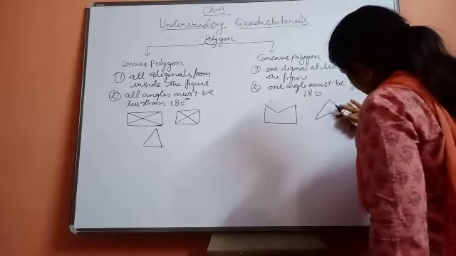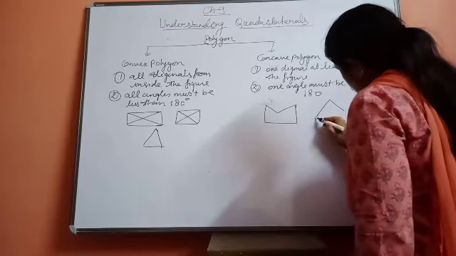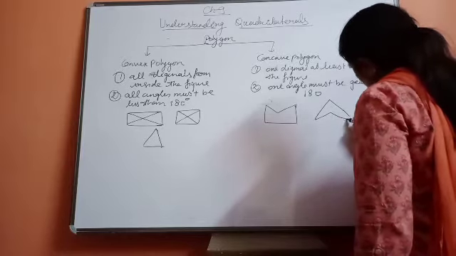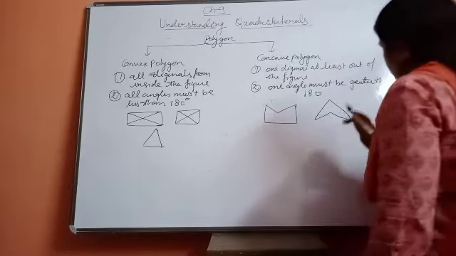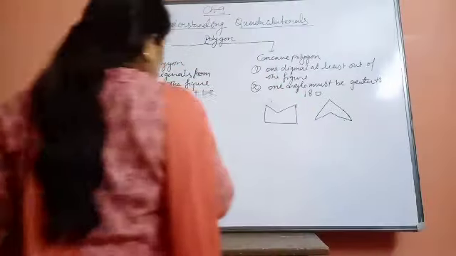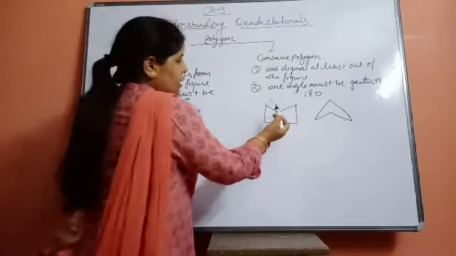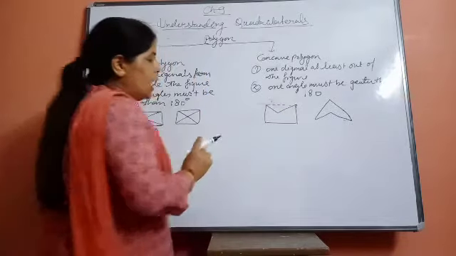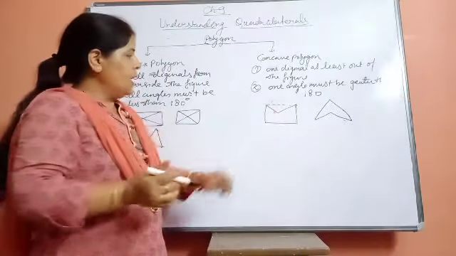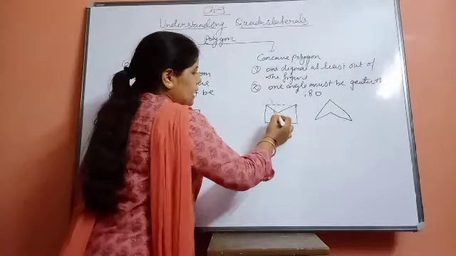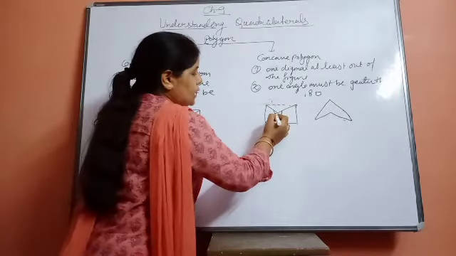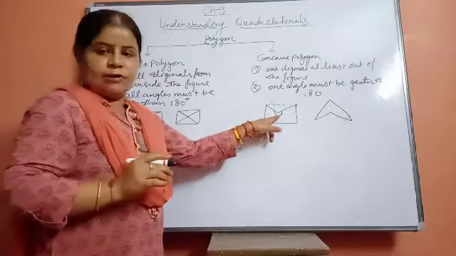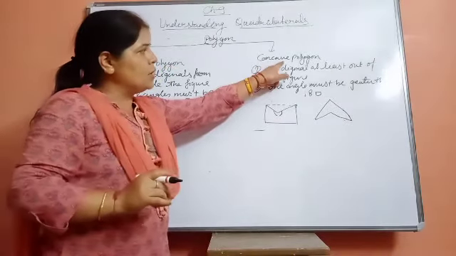See how I am going to make it. Okay, now see that. If I join the opposite vertex of this one, you can see that this line segment is coming out of the figure. Okay, if I see this angle, it is greater than 180, because 180 is when a straight line comes, but you can see that it is greater than 180. That's why it is a concave polygon.